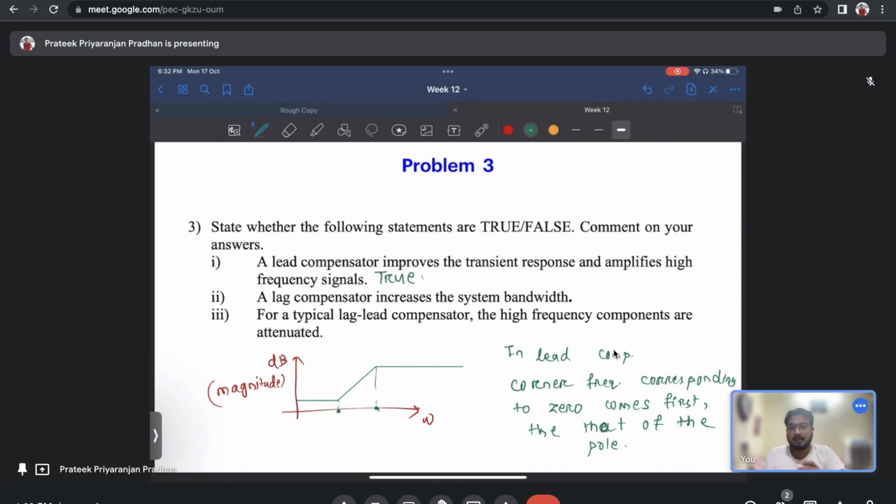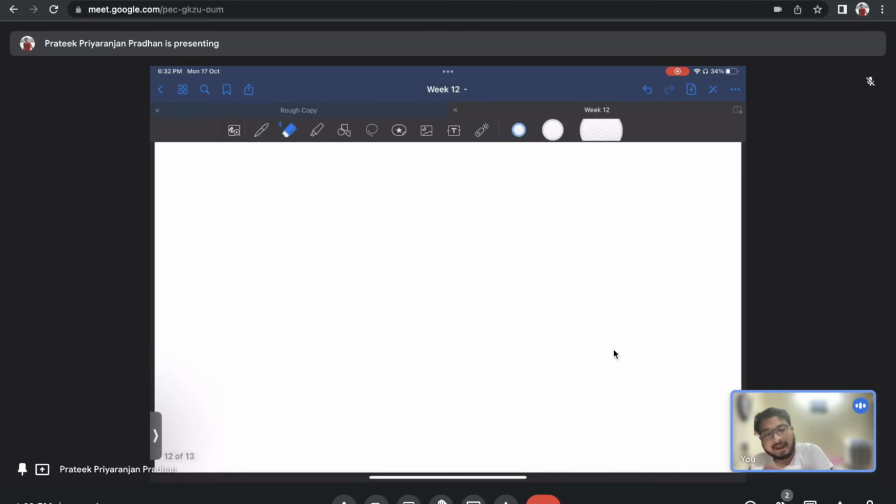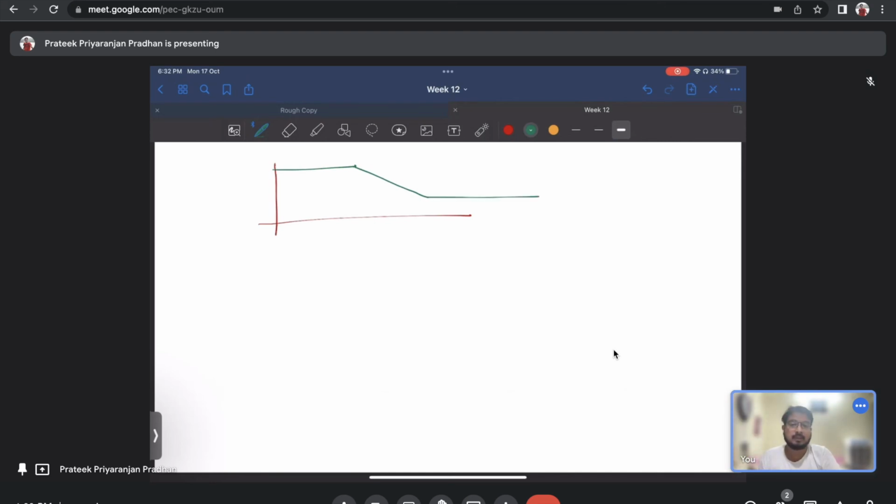Next: a lag compensator increases the system bandwidth. We need to look into the lag compensator. For the lag compensator, the corner frequency of the pole comes earlier than that of the zero. That's why we see something like this for the lag compensator.